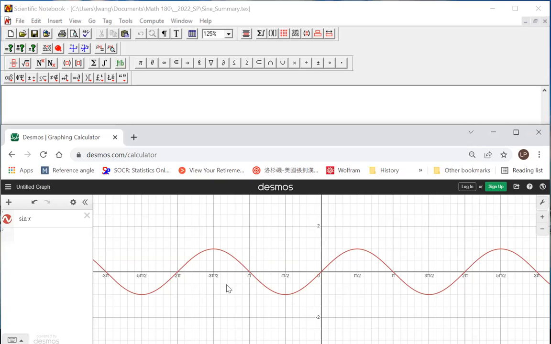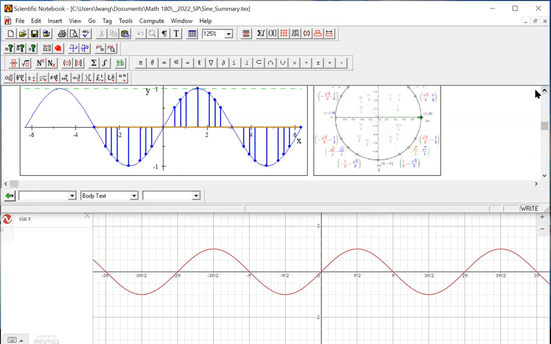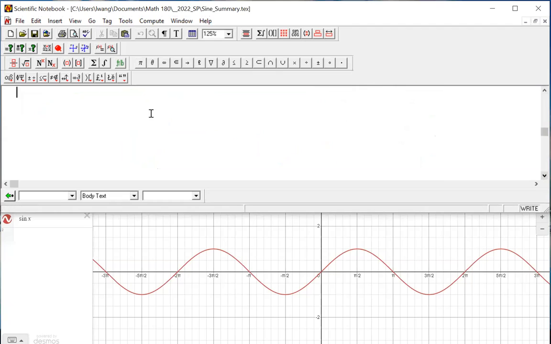We did a graph from -2 pi to 0 and 0 to 2 pi, right? From this piece alone, you can see the ups and downs, right? So the sine function apparently is neither increasing nor decreasing in its domain.